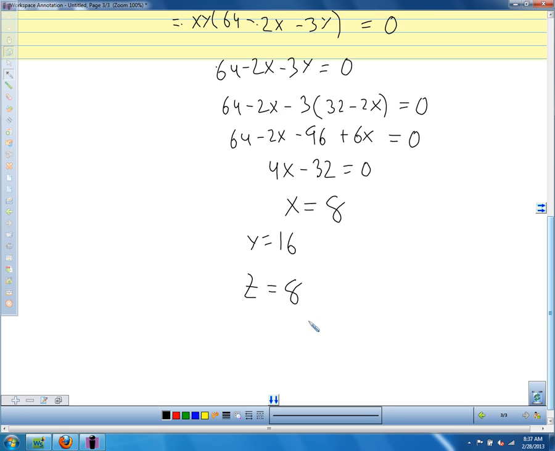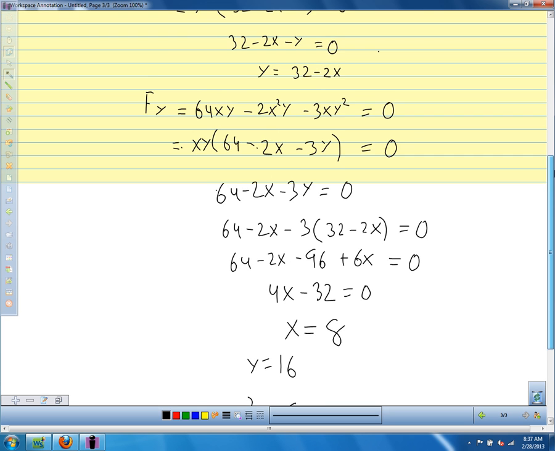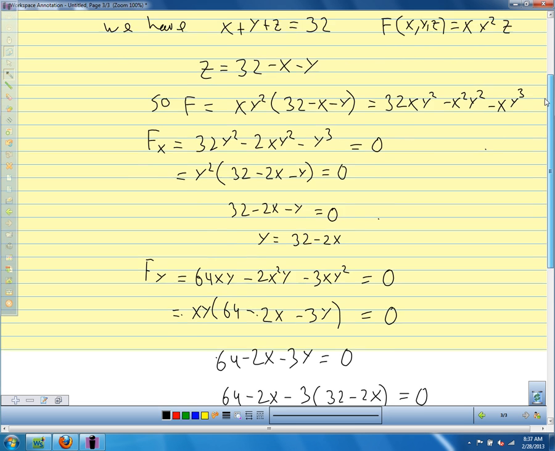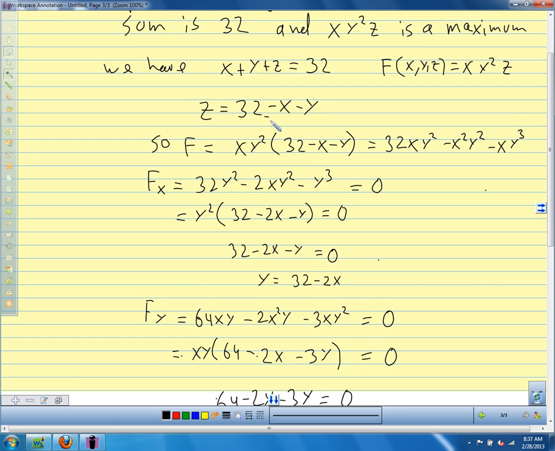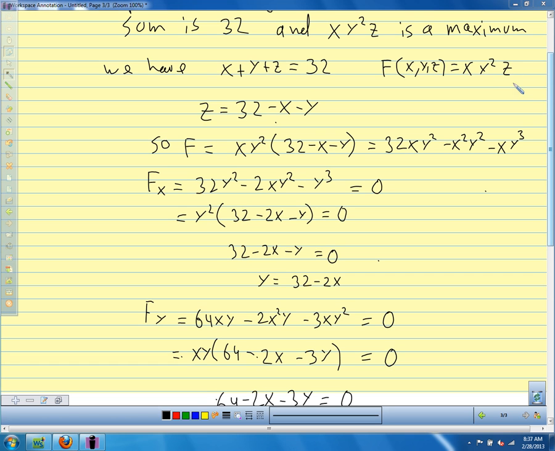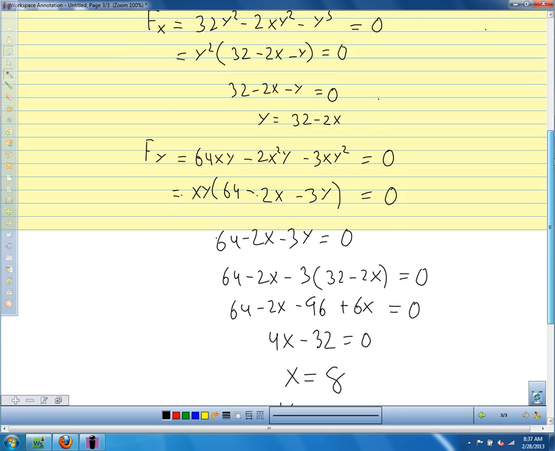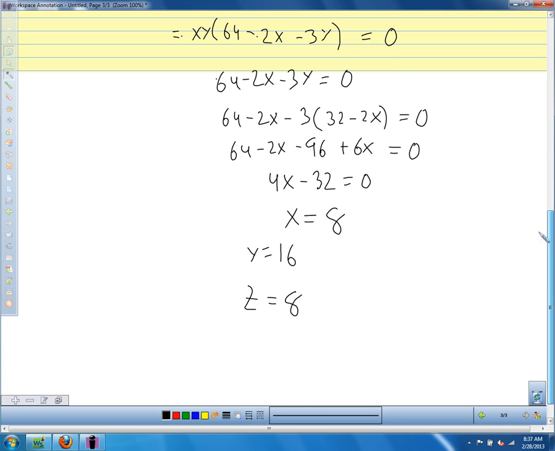So x equals 8, y equals 16, and z equals 8. That's going to maximize this function such that their sum is 32.